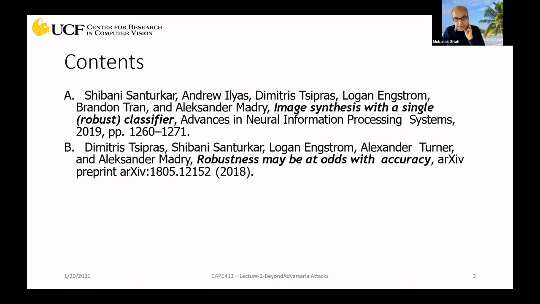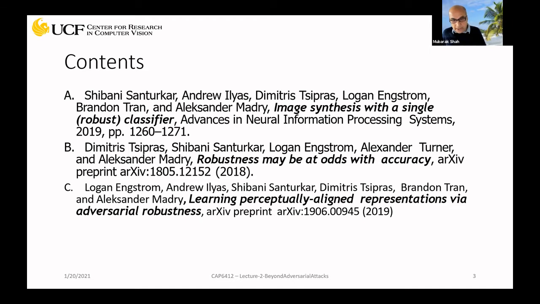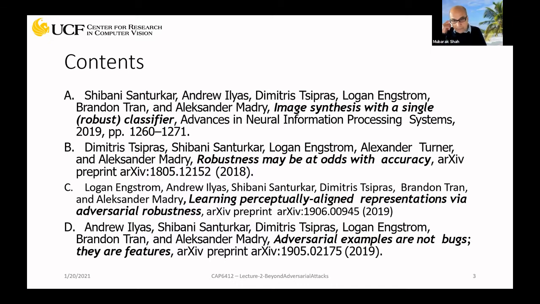Another paper: Robustness May Be at Odds with Accuracy. Third paper: Learning Perceptually Aligned Representations via Adversarial Robustness. And fourth paper: Adversarial Examples Are Not Bugs, They Are Features. I will go through them quickly. These are pretty detailed papers, and if you are interested, you can read them. But I want to give you a broader overview of these 4 papers.